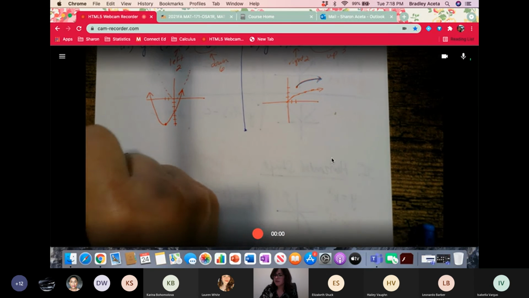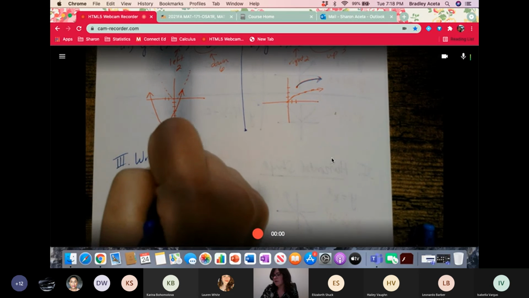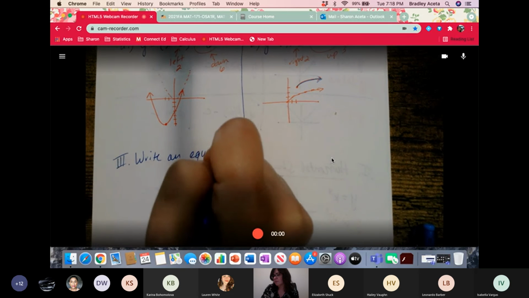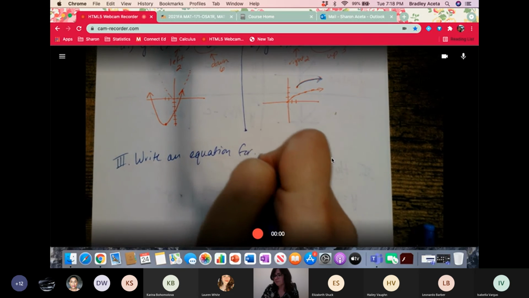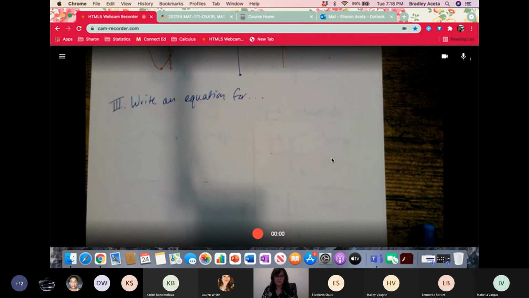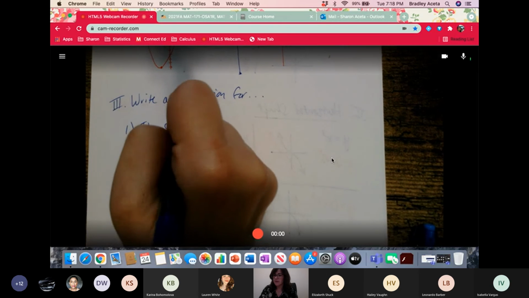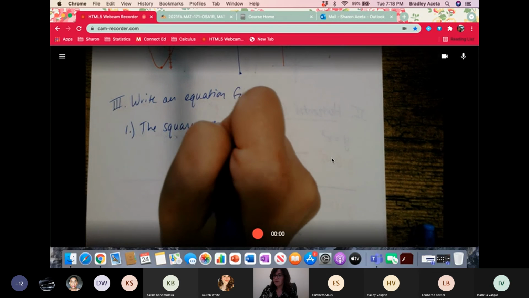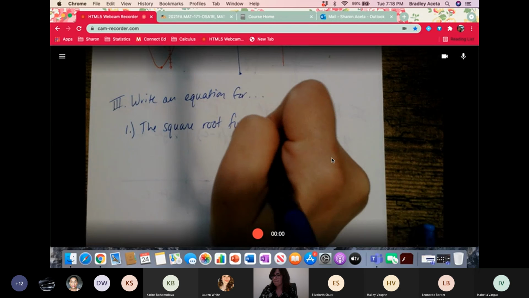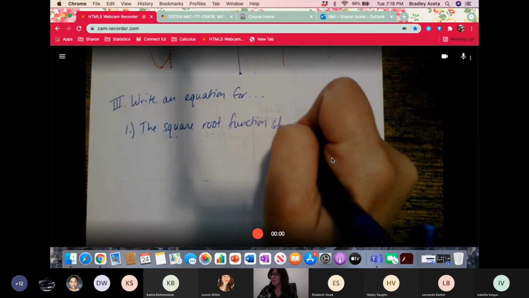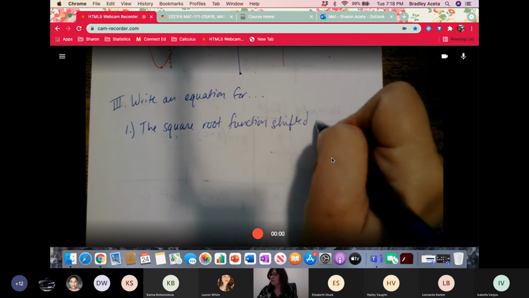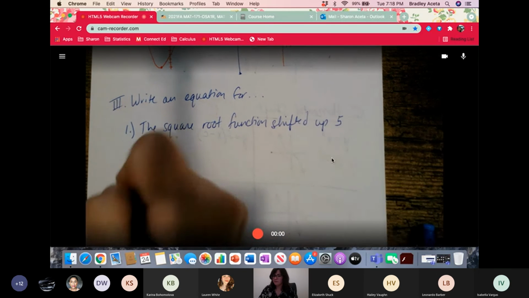Then it's going to ask you to write an equation for... and I'll give you 3 examples like this. The square root function shifted up 5.